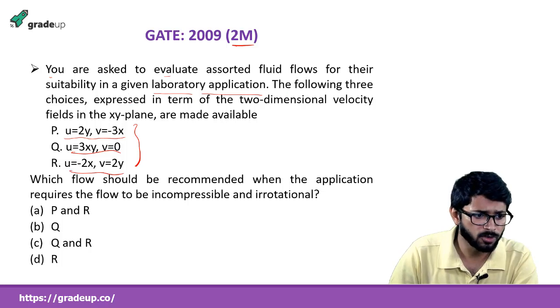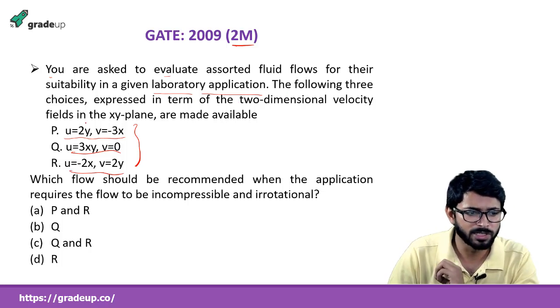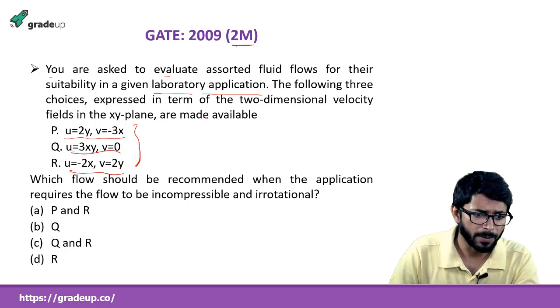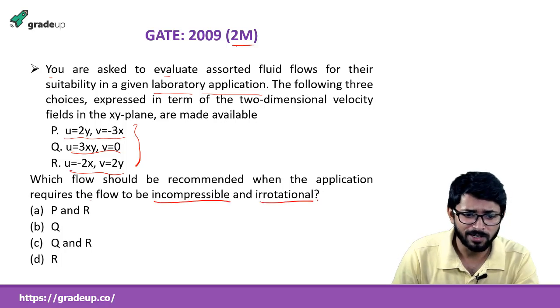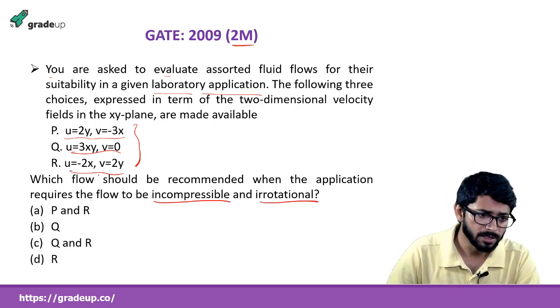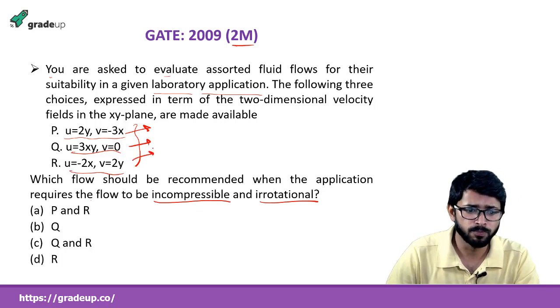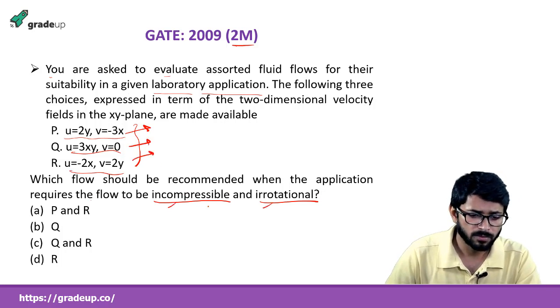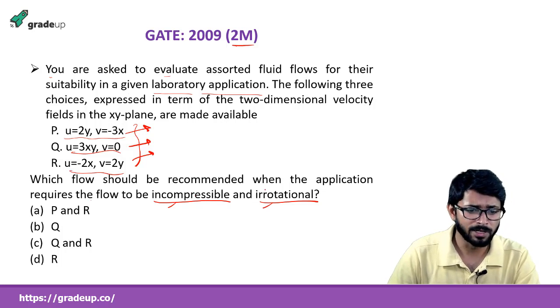The following 3 choices expressed in terms of a 2-dimensional velocity field in the xy plane are made available. Which flow should be recommended when the application requires the flow to be incompressible and irrotational? So here we have to check which one satisfies both conditions, incompressible and irrotational.